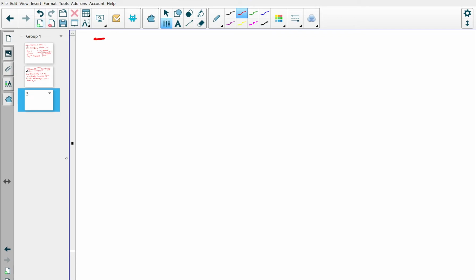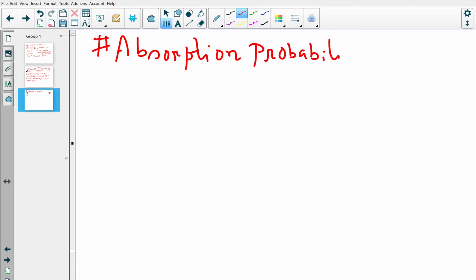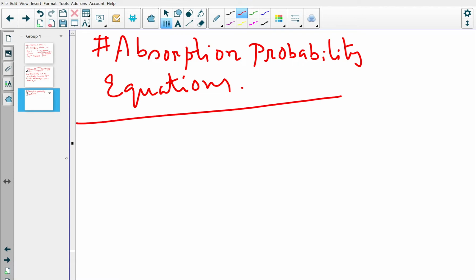Absorption probability equations. Yes, obviously.